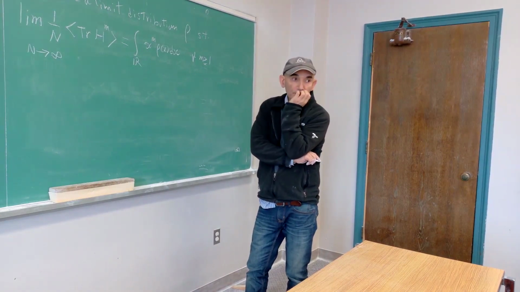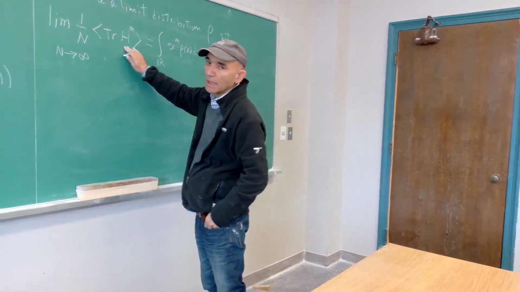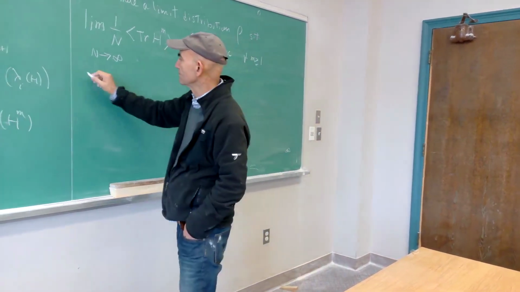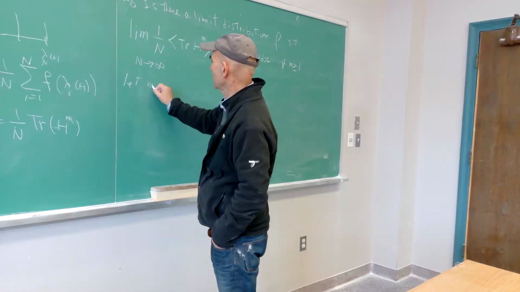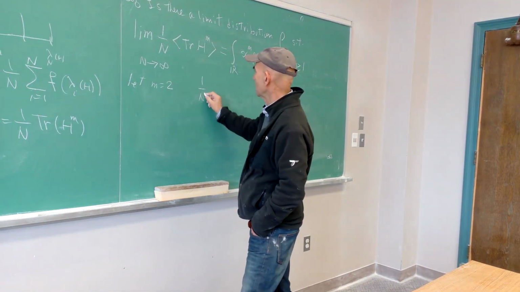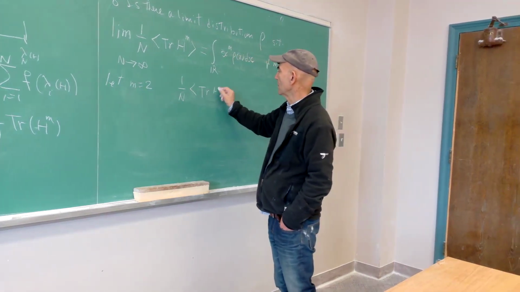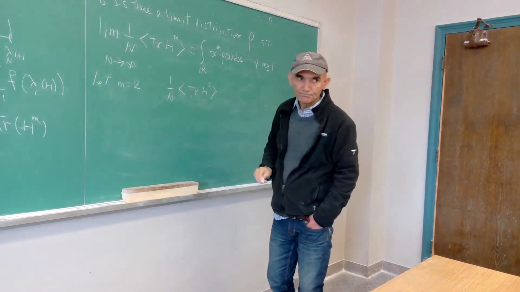Now, there is a problem here. Let's look at n equal to 2, for example. If you look at n equal to 2, we have 1 over n, the average trace of H^2.